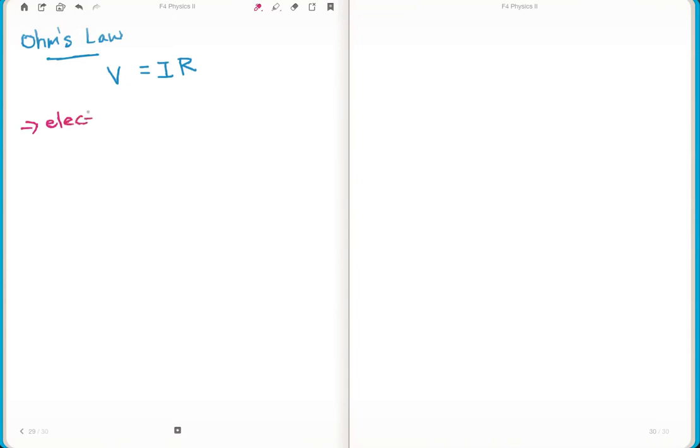electric current, this one, electric current, because we are not talking about water current, that's why it's electric.